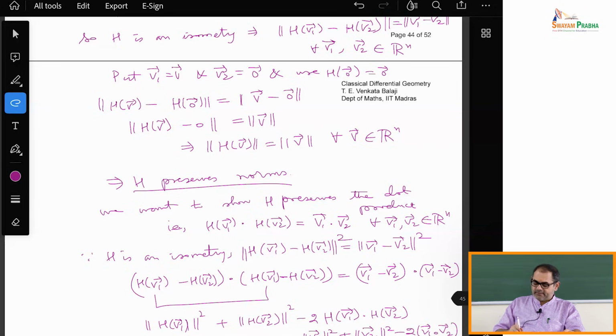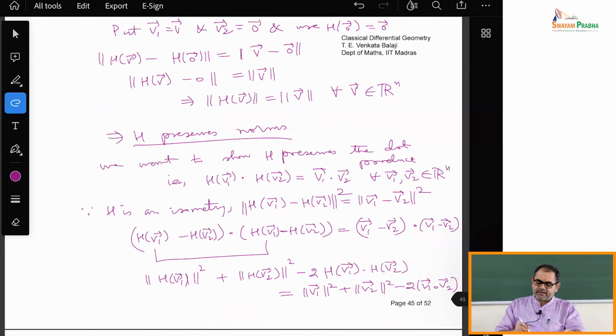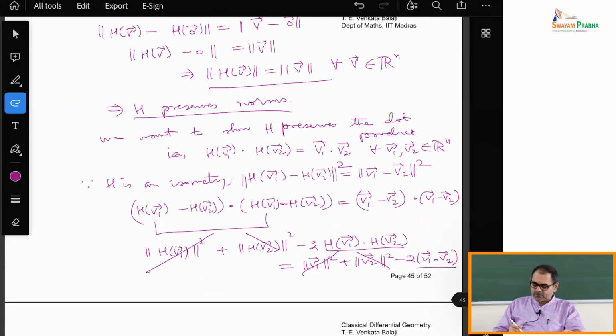Okay. And then we have just now proved that H preserves norms. Therefore, this term will cancel with this term, and this term will cancel with this term. And if you cancel out the minus 2 on both sides, you get HV1 dot HV2 is equal to V1 dot V2. So it preserves the dot product.